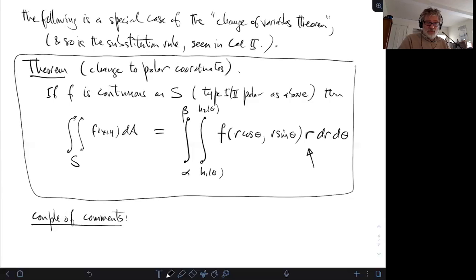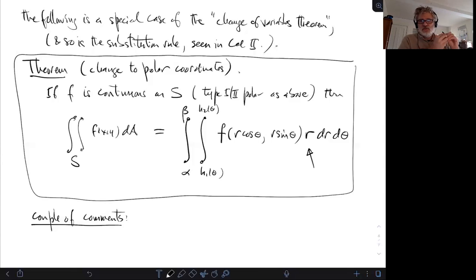The way we're doing this, the small delta r delta theta, yes, you can see it. It's related to that, yes. So the way that polar coordinates work, it's not the same as in the rectangular world.